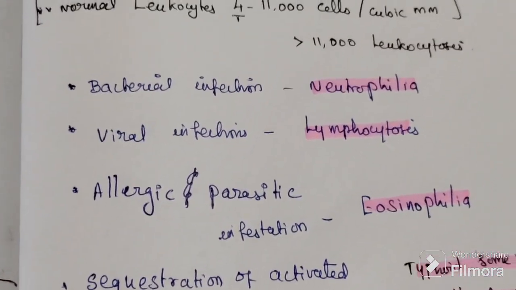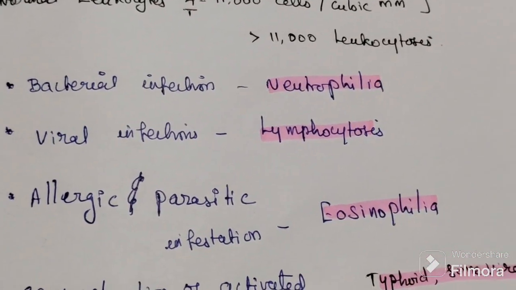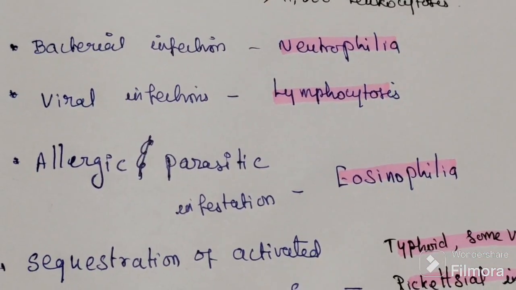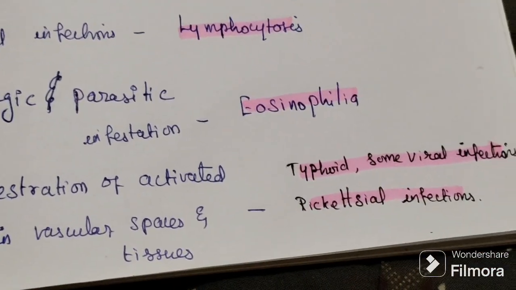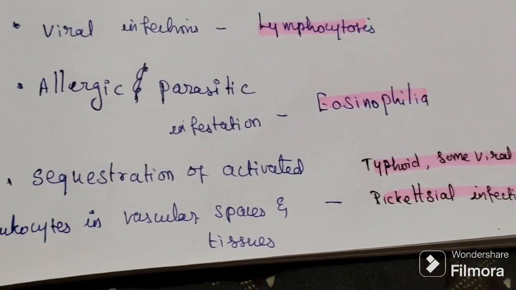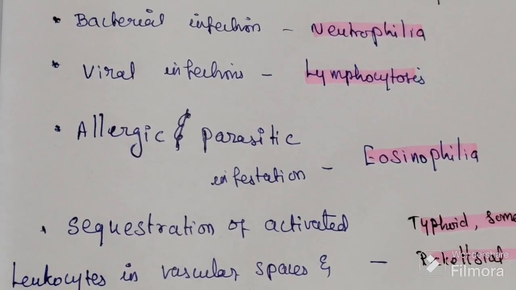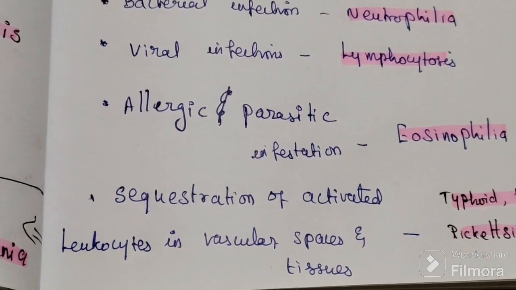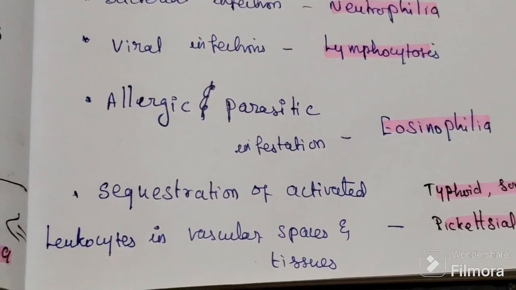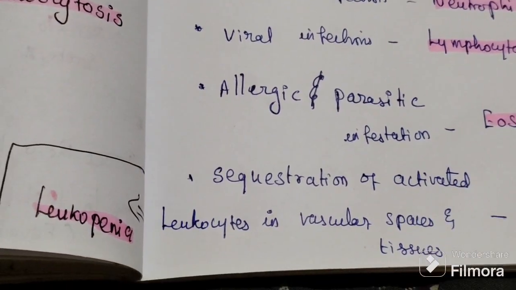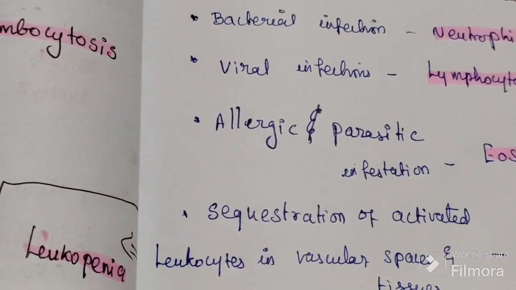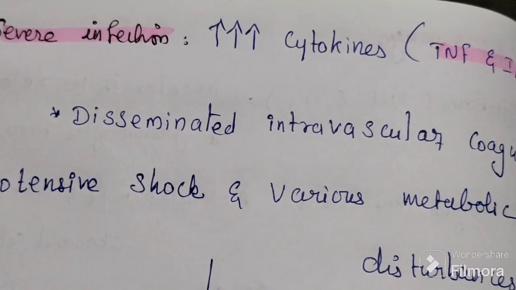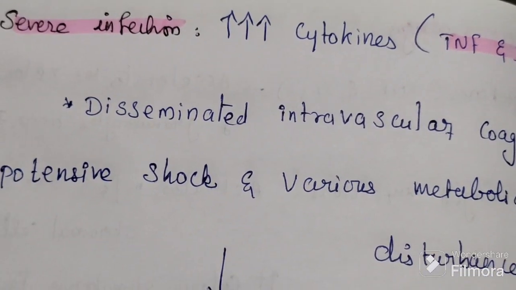Bacterial infection, neutrophilia; viral infection, lymphocytosis; eosinophilia means allergic and parasitic infection; typhoid, viral infection, rickettsial infection, sequestration of activated lymphocytes in vascular space results in decreased leukocyte count, called leukopenia, like typhoid, flu, viral fever, rickettsial infection and protozoan infection.